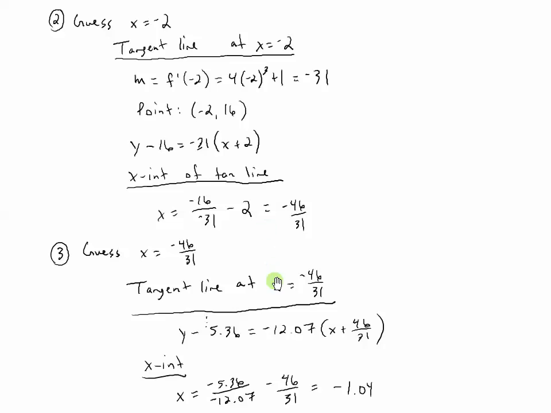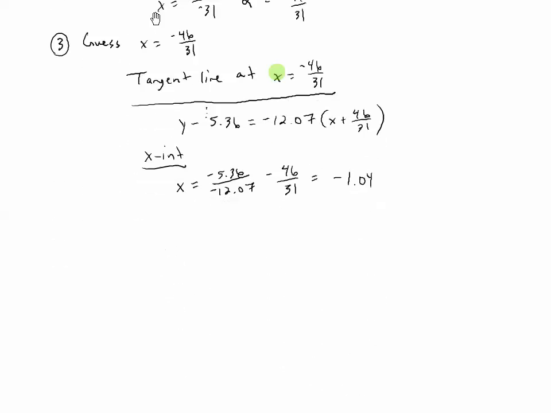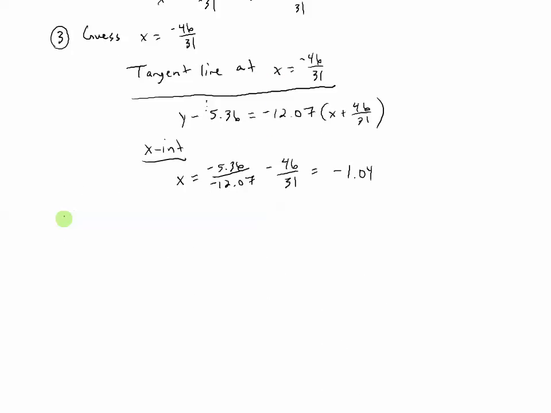And you can do this as many times as you want. In fact, you might want to check if you do it one more time. So our fourth iteration, our approximation for the x-intercept would be negative 1.04. If you do all the same things, your fifth iteration would result in an x-intercept of your tangent line of approximately negative 0.431.